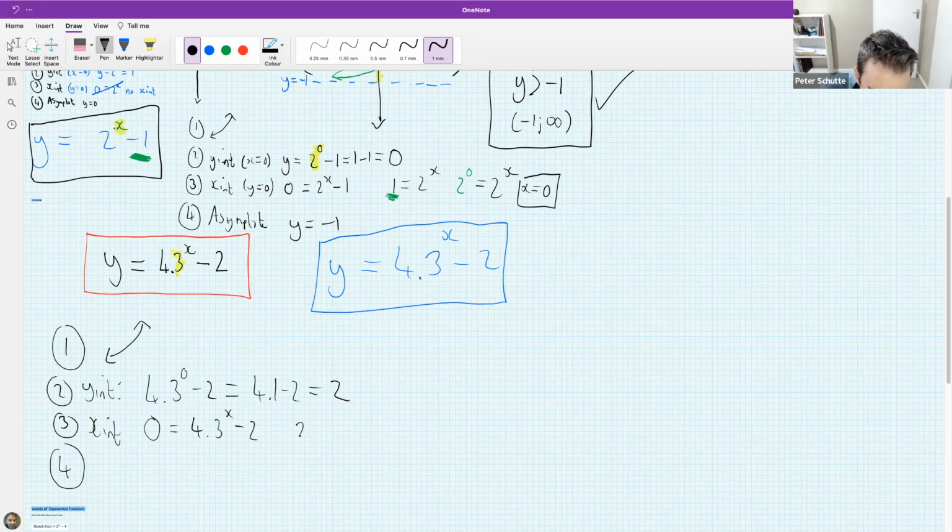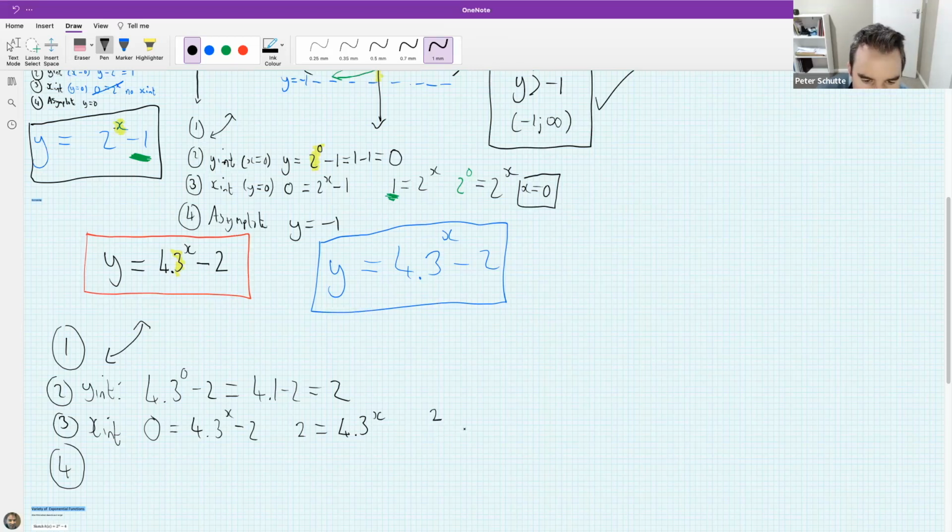Okay, I've actually chosen an example where it's quite sneaky to get the x value. So I'm going to help you with it because in grade 11, you don't have what's called a logarithm to help you find this, but let's just do what we can.